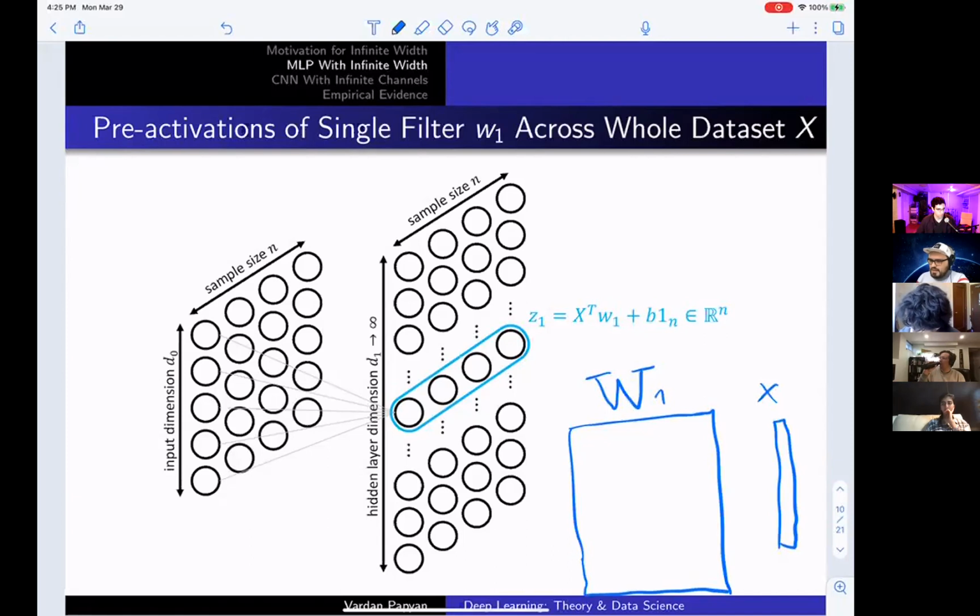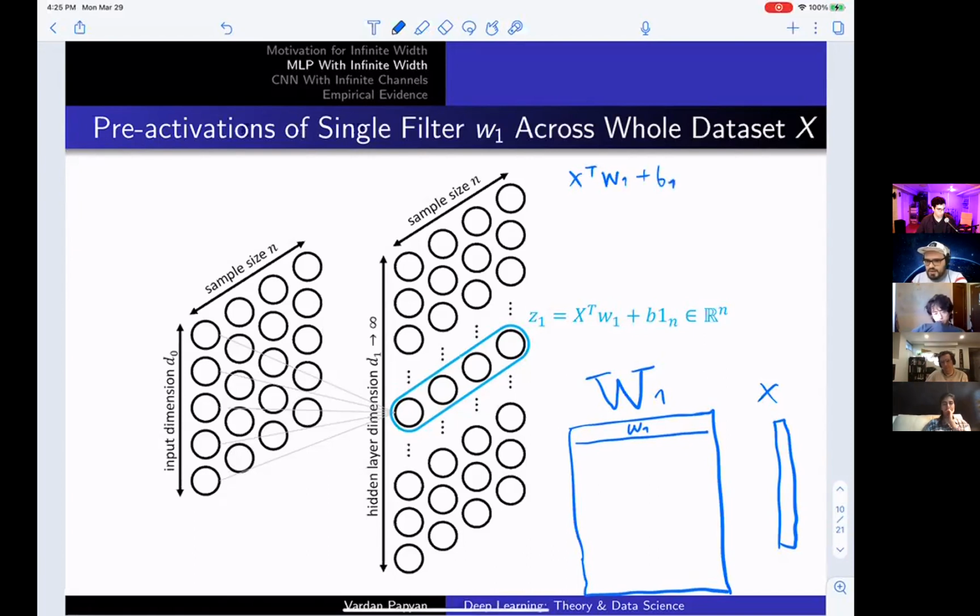Now imagine that I look at a single row from this weight matrix and I call it lowercase w1. Now we can write the output of this fully connected layer as something like lowercase x transpose w1 plus a bias b1, right?